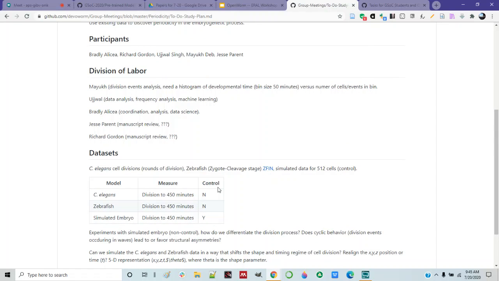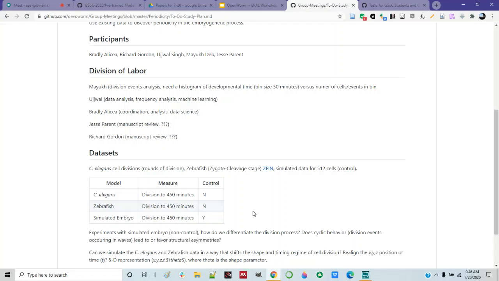Okay. The data sets are, right now we have C. elegans, kind of this division of 450 minutes of embryogenesis. This is the control here of the simulated embryo, which I've not shown to the group.